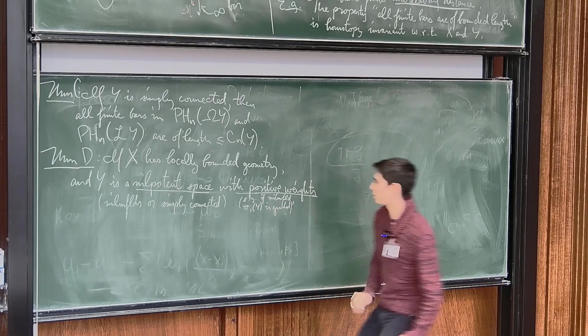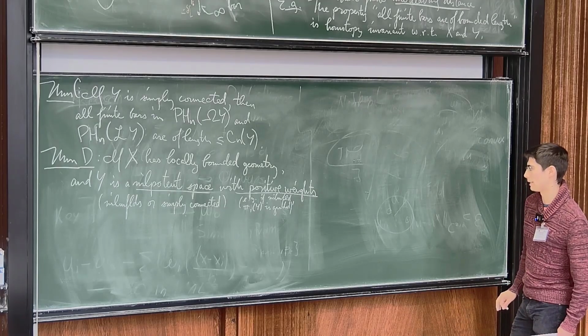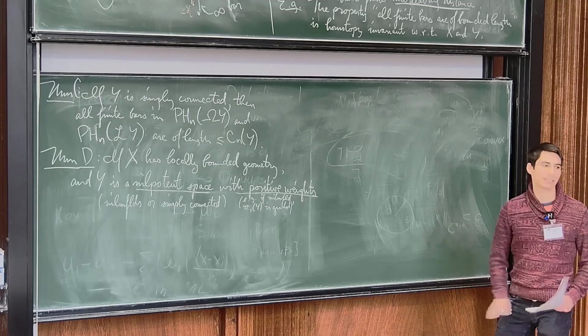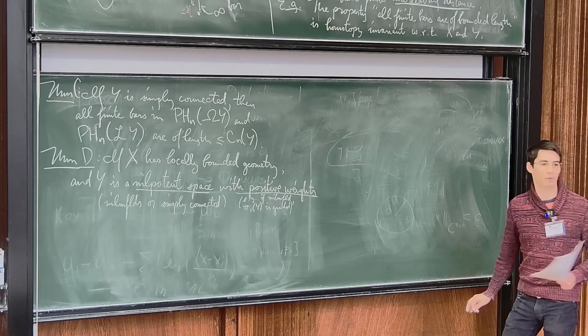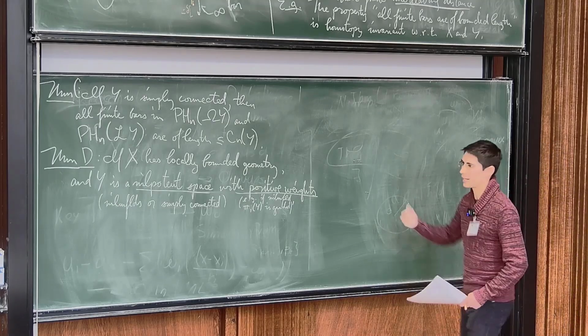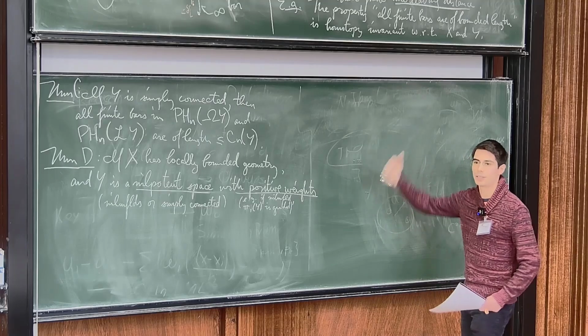And if you're looking at a simply connected space, then most of the simply connected spaces you can imagine do have positive weights. And of course, if you somehow take a random simply connected space, then almost none of them do, but they're hard to construct.